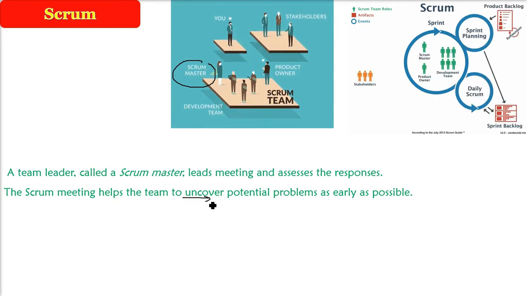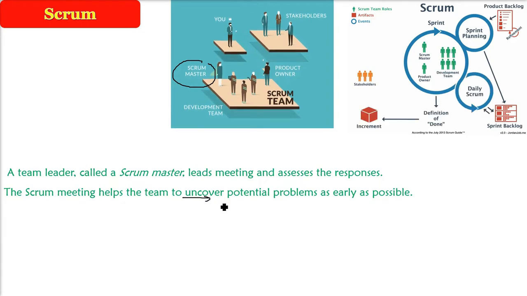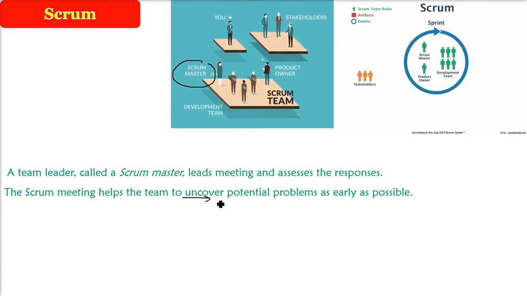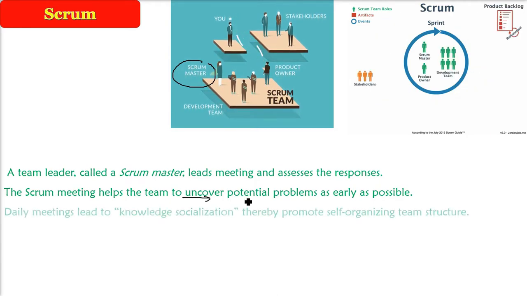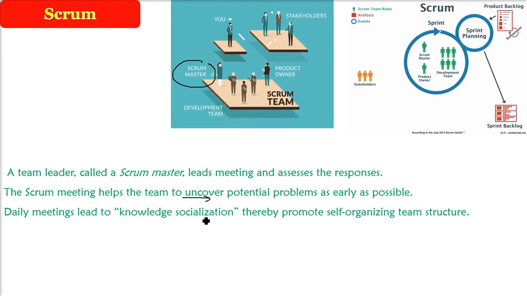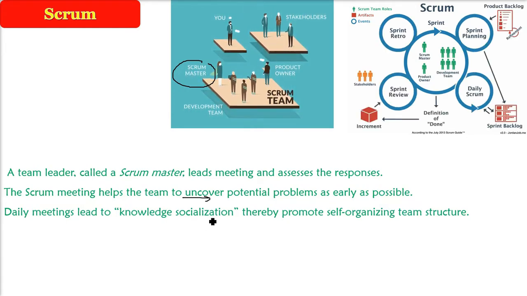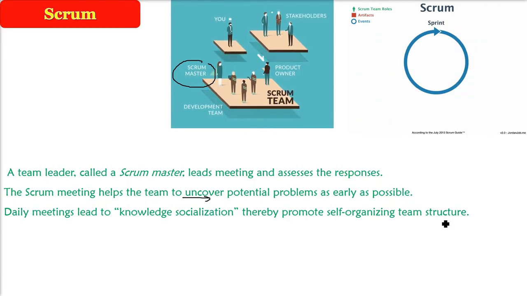If you go to the doctor, you have to tell the problem, then he'll give you the medicine. Exactly like this. The Scrum Master assesses the team, tries to solve things face to face, and they have all the knowledge socialization. Daily meetings are all about knowledge socialization because this is Agile, and Agile is all about a self-organizing team structure.